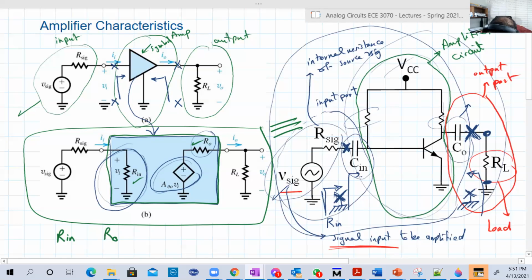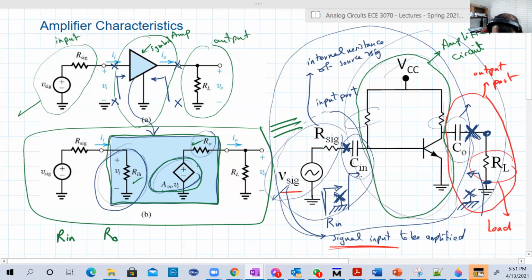And then look, AVO VI. What is this basically? This voltage source is an interesting voltage source. It's not just a normal voltage source. It shows you how we could amplify the input that goes into the amplifier circuit.